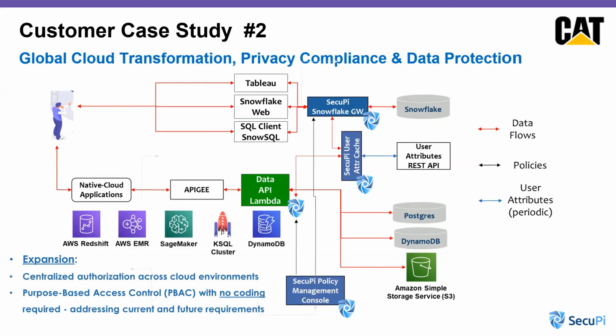And they knew that once they go more global and more centralized, they're going to have other requirements. Their trust model basically said, look, we need to de-identify this data before it goes to the cloud and so on. We need to control access based on a lot more than just somebody's role memberships.